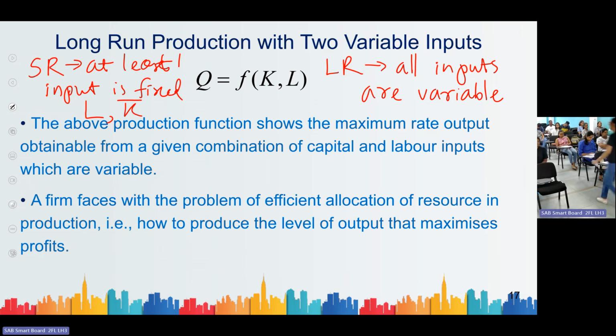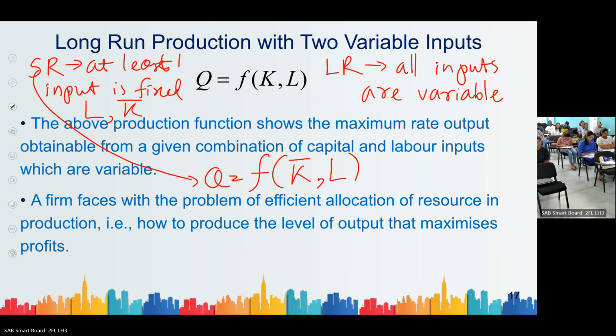The short-term production function was Q equals f of K fixed with variable labor. We have a fixed amount of capital. This is the general production function for the short run. In the long run, there is no bar over capital or over labor.